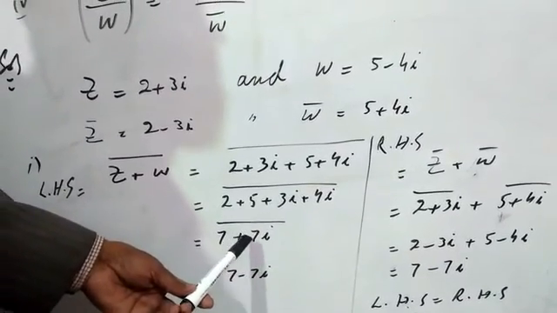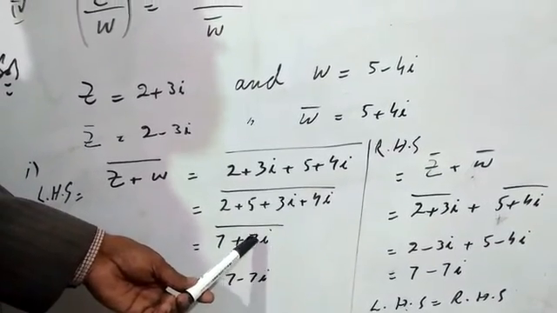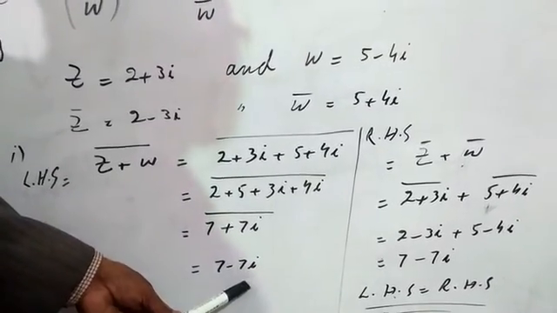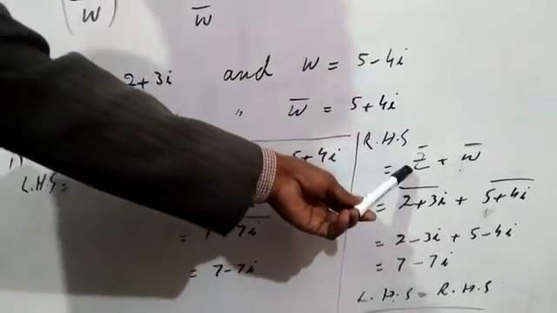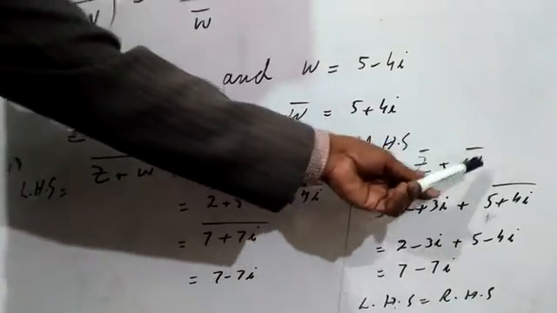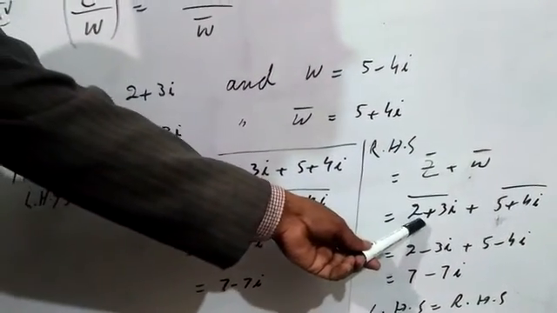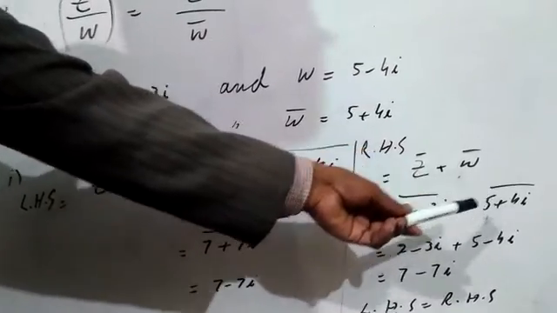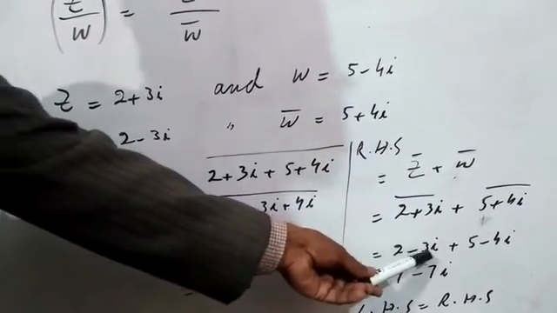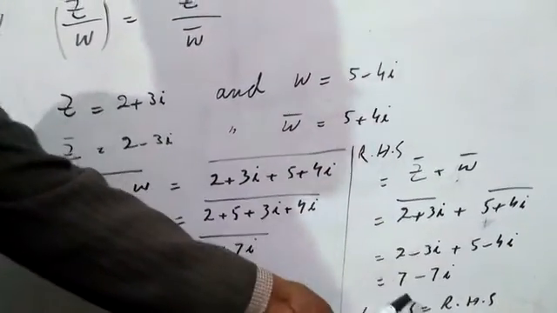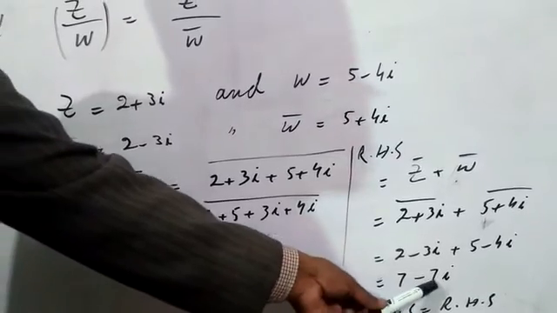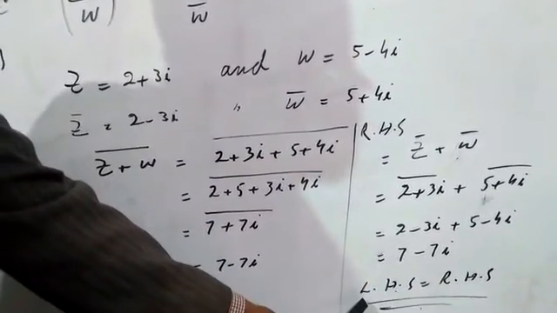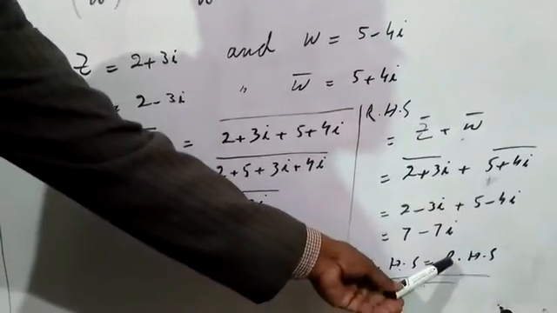The conjugate is 7 minus 7 iota. Now the right hand side, z conjugate plus w conjugate: 2 minus 3 iota plus 5 minus 4 iota, which is equal to 7 minus 7 iota. So we have proved that left hand side is equal to right hand side.